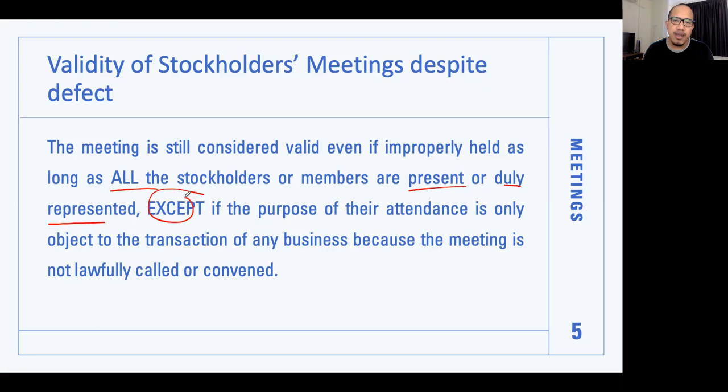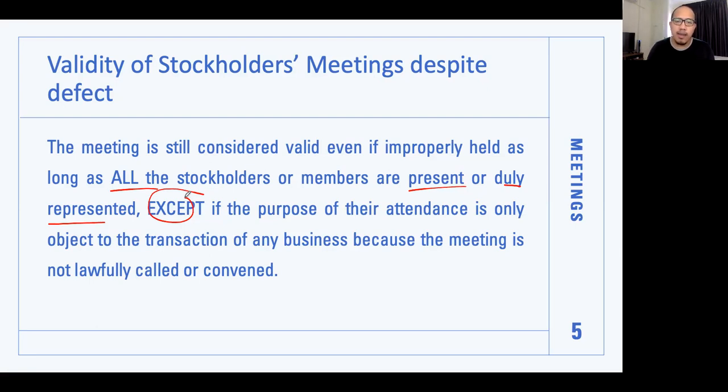Andito ako para i-object, para questionin, hindi para sabihin na magtuloy tayo. Kasi iba kung pumunta doon at wala namang objection doon sa improper number of days. Kulang yung araw, improper yung notice, walang agenda, for example. Tumuloy pa rin sila and they are not objecting to the procedural defect. Ano bang mangyayari sa meeting na ito? Ituloy na natin. Total, naka-receive naman kami ng notice, although kinulang nga lang sa araw. Tuloy natin.